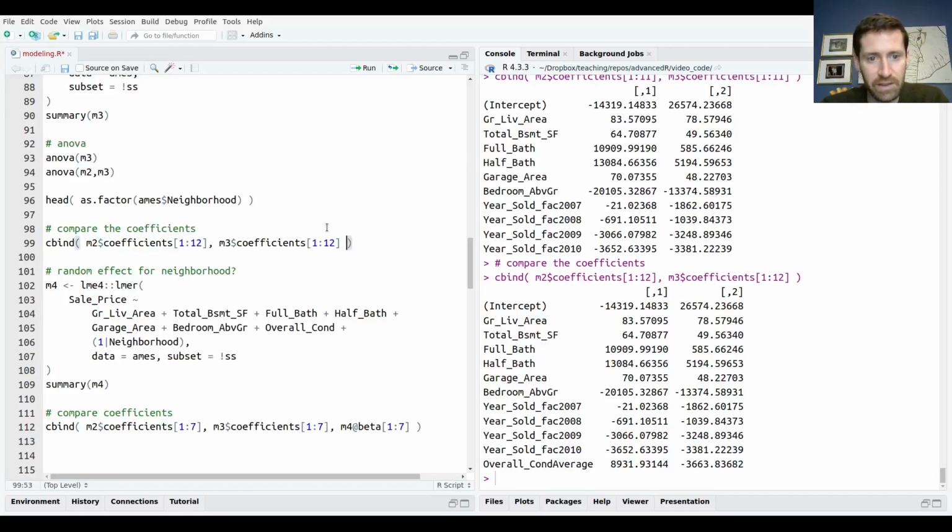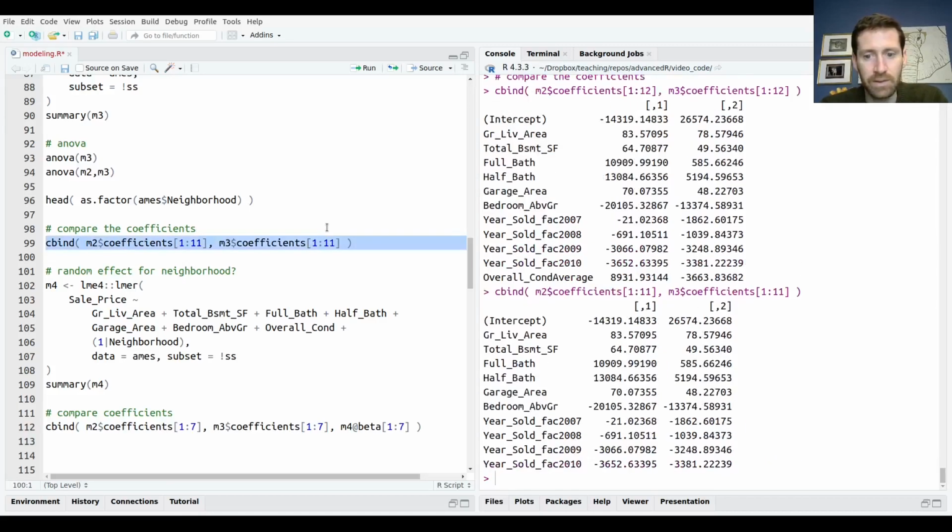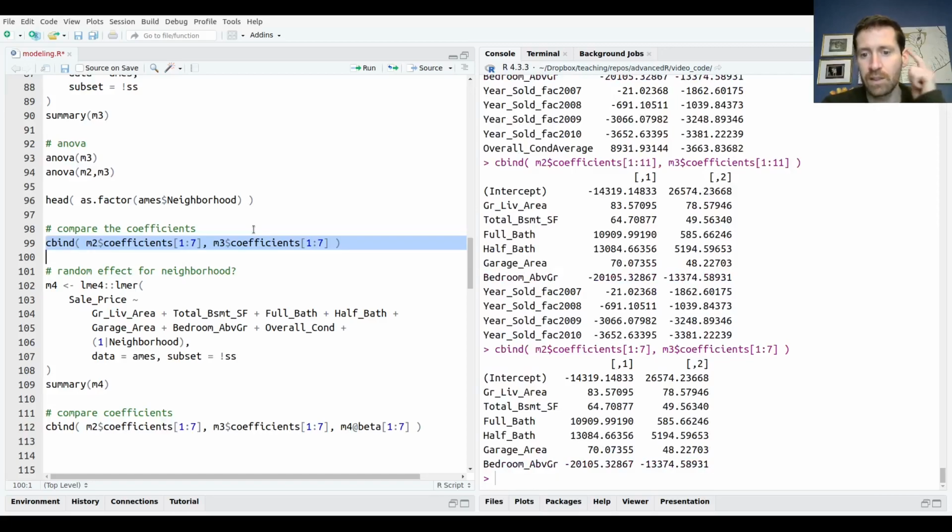So that has the condition, so I'm just going to leave those out. Okay. So what we're comparing on this column is the model without neighborhood, and on this column is the model with neighborhood. And just to keep things simple, I'm going to leave out the year sold. Okay, let's just look at these.